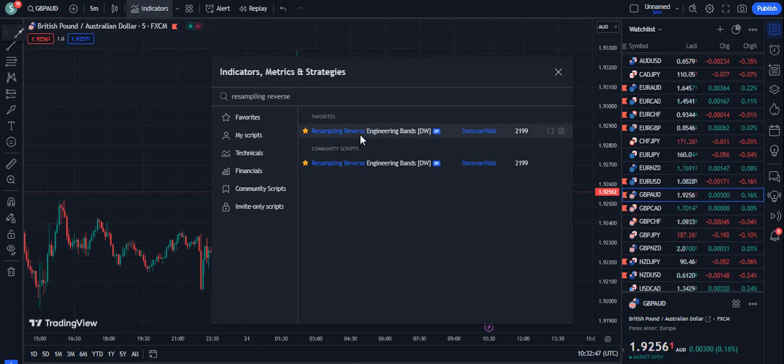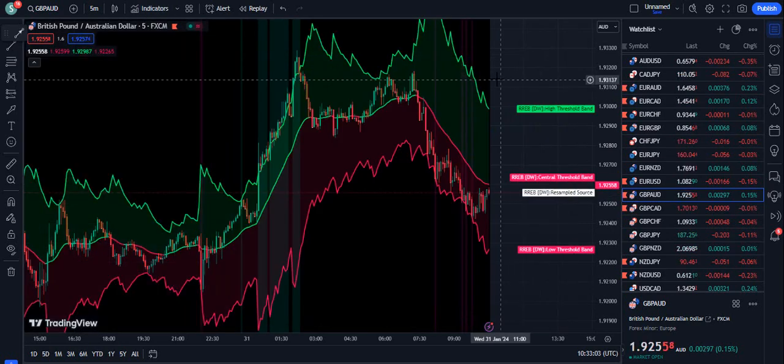Then it will come up: Resampling Reverse Engineering Bands DW. This indicator has become the editor's pick, the name of the author is Donovan Wall, and it has so many likes, 2199 likes at the moment. This is loved by the community on TradingView.